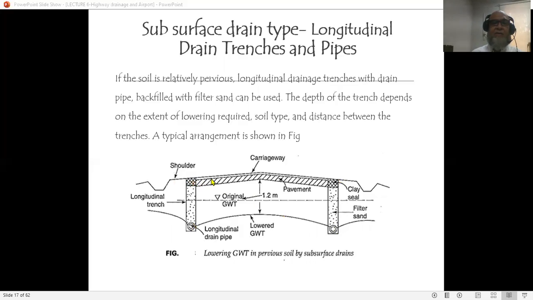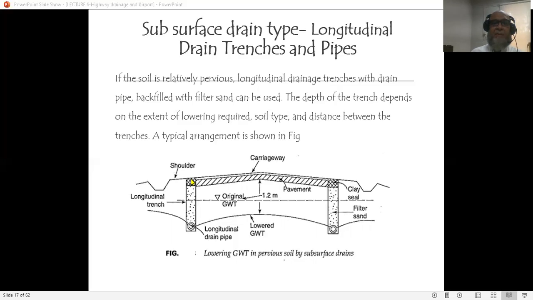Once your pavement section is complete, you fill this trench. First you lay a sand cushion, and then over it a perforated pipe, and then there are gravels, and then there is an impervious clay seal.